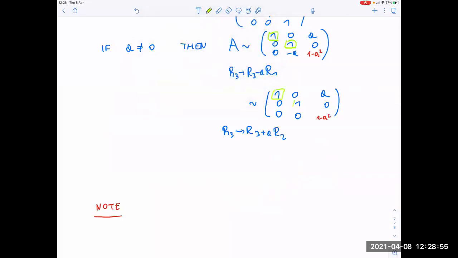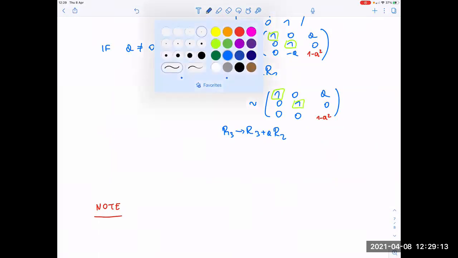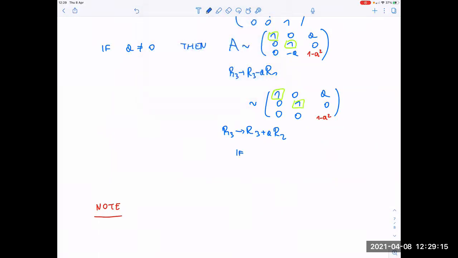So here are the markers. Yep, thank you. And so what happens? If the last one, this number here, is 0, well, then I get rank 2. But if it is not 0, I get rank 3. So what is the conclusion? If 1 minus A square equals 0, then the rank of A is 2.